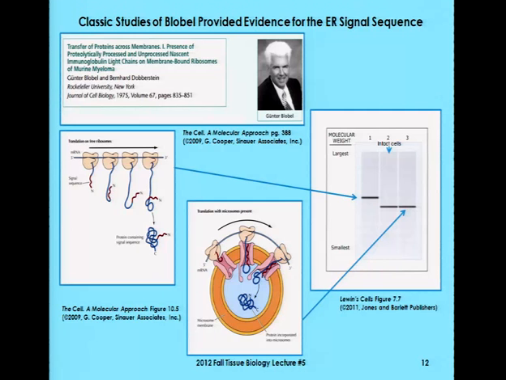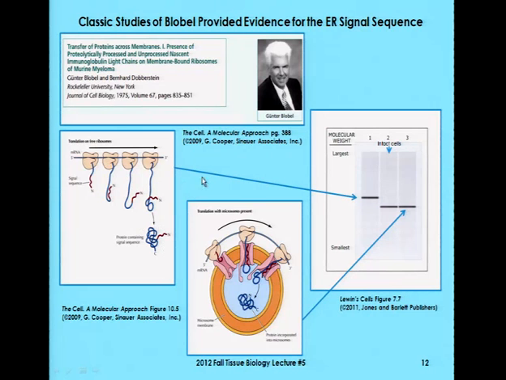Now, back in the 70s, Blobel theorized that proteins destined for the endoplasmic reticulum had a specific localization sequence. He called it a signal sequence. And indeed, his studies revealed that when proteins are translated on free ribosomes, they carried not only the protein sequence, but an additional sequence called the signal sequence.